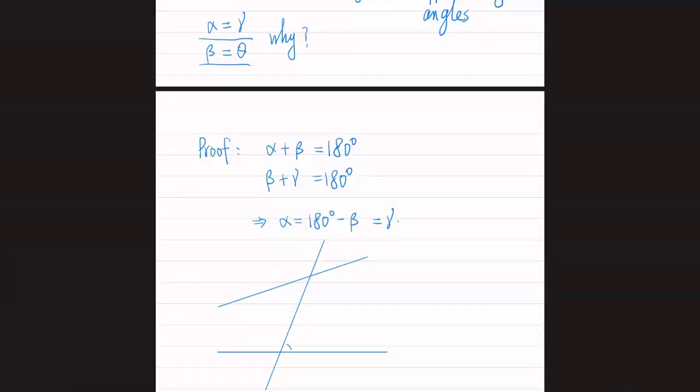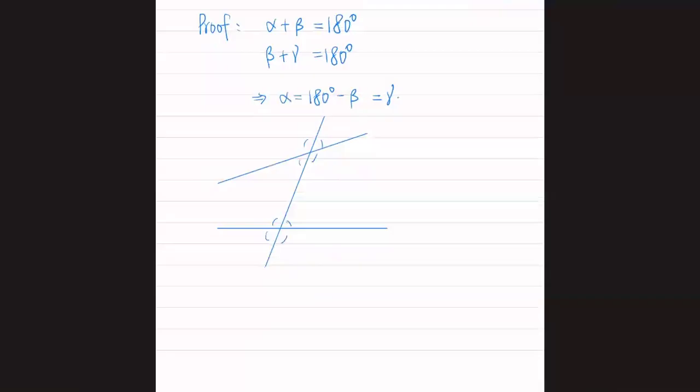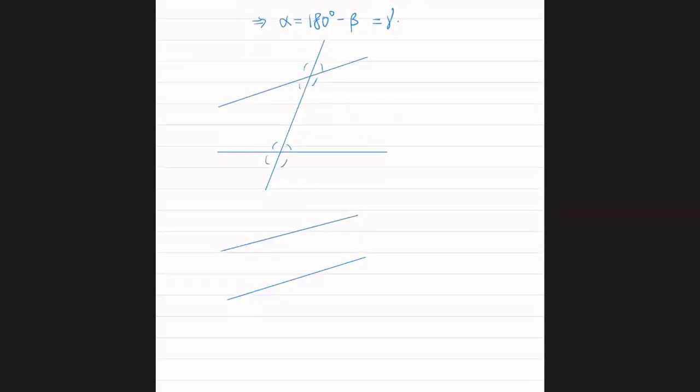There's the angle over here and the angles over there. In some special case, two parallel lines, we can have some relationship between the angles.